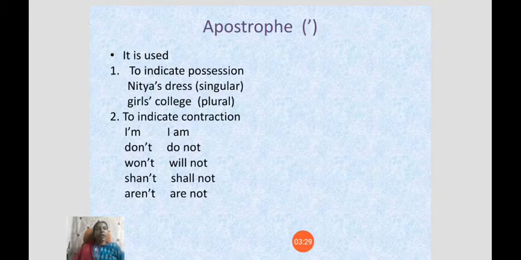And in the brackets I have given a word, singular. Nitya is singular. With singulars we use apostrophe and we put an S. Her name is Nitya, and to say that it is a possession, before the S we put an apostrophe in singulars.